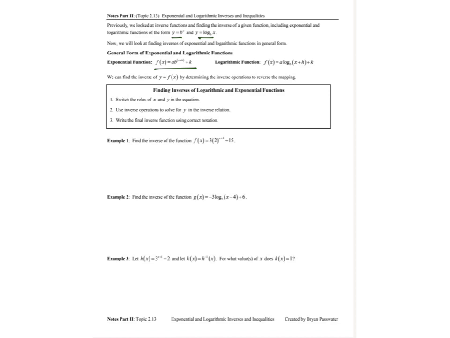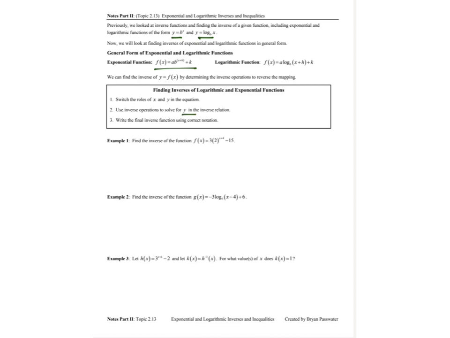Okay, lots and lots of information here. So we can find the inverse of y equals f of x by determining the inverse operations to reverse the mapping. We know that if the coordinates are x, y on one function, the coordinates are y, x on the other. Everything is exactly backwards. We always find inverses by switching x and y and then solving for y.